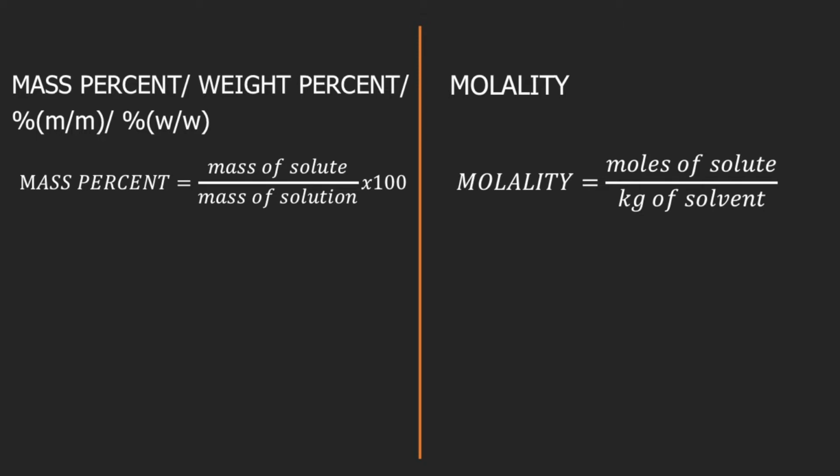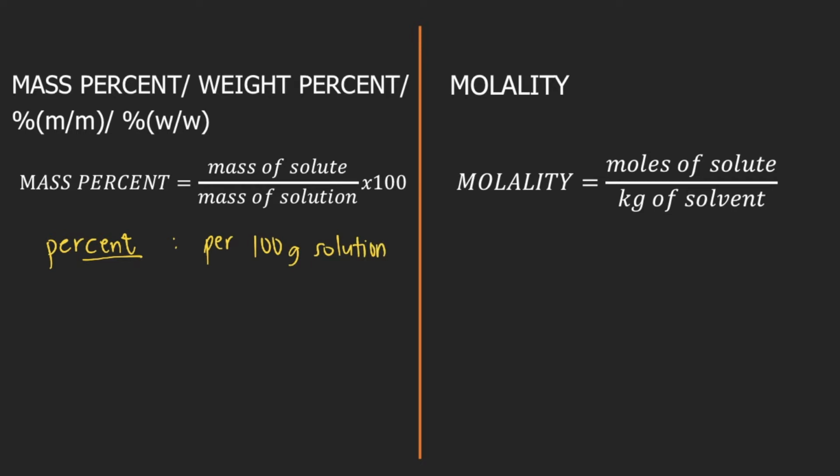Now, what does percent mean? When you say percent, cent means 100. So percent means per 100. So when you say mass percent, this means per 100 grams of solution.